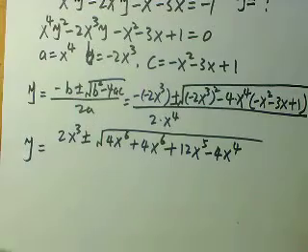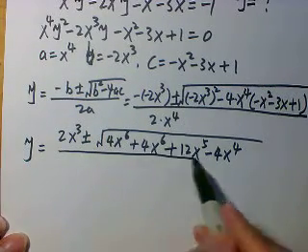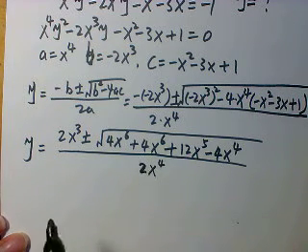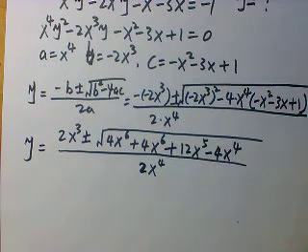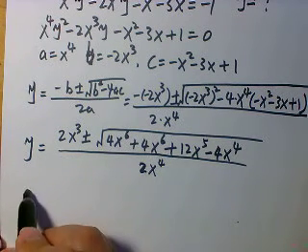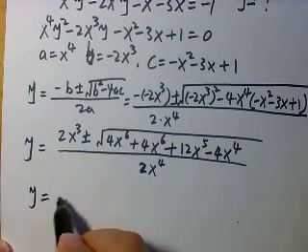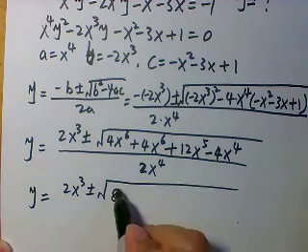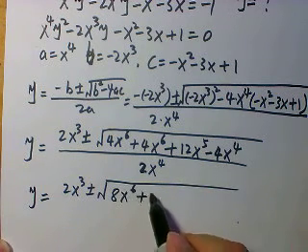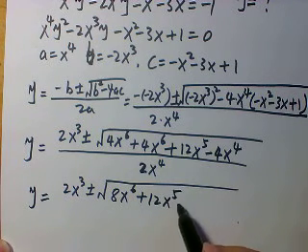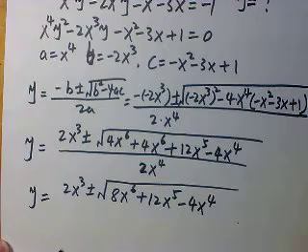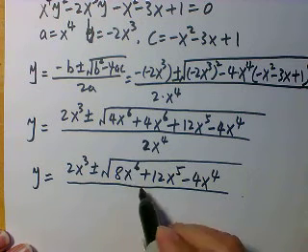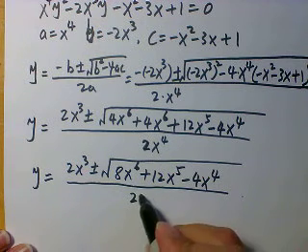Now this whole thing is divided by 2 times x to the power 4. We can continue to simplify it. We can combine these terms: 8x to the power 6 plus 12x to the power 5 minus 4x to the power 4, divided by 2 times x to the power 4.